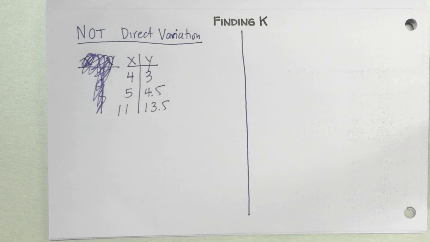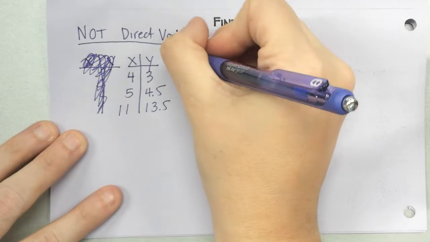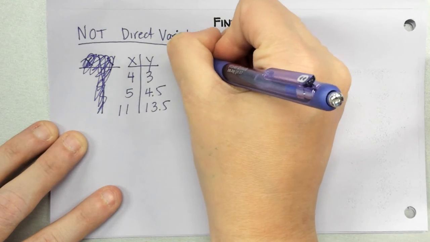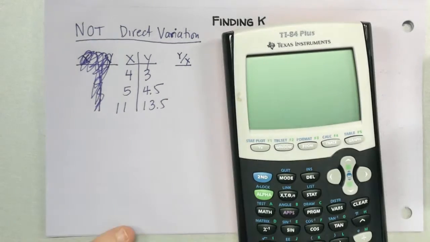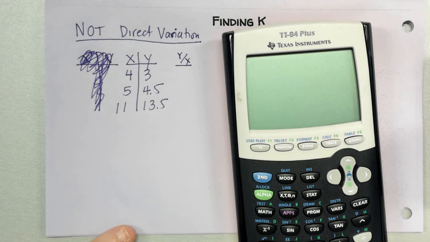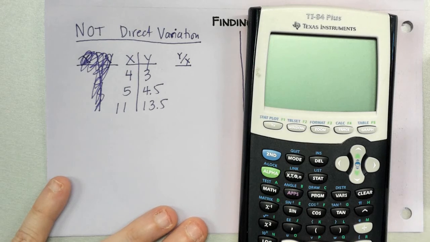So when we decide if something is direct variation, the first thing we do, especially if it's a table like this, is take y and divide it by x. What helps me is to make a y over x column and calculate it for each row. I am fond of my calculator, so I let my calculator do the math for me. I'm not trying to make any mistakes.